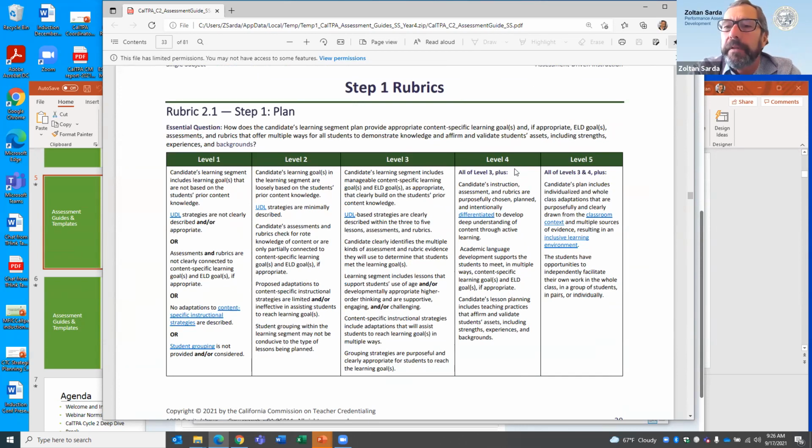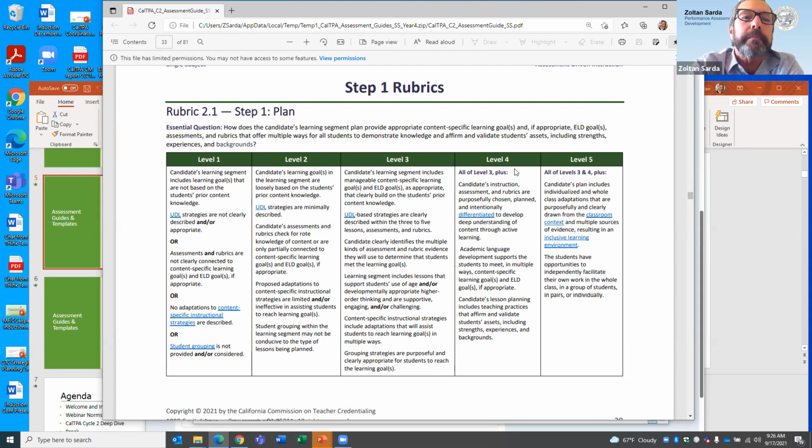Okay, so a couple of key differences for cycle 2 for this current version. One, it used to be in version 3 that candidates had to provide a rubric for the informal assessment. Currently, they do not in this version. There's no need for a rubric for the informal assessment.